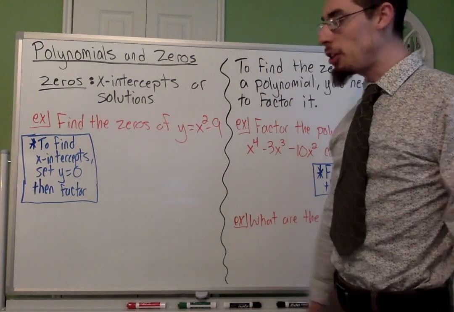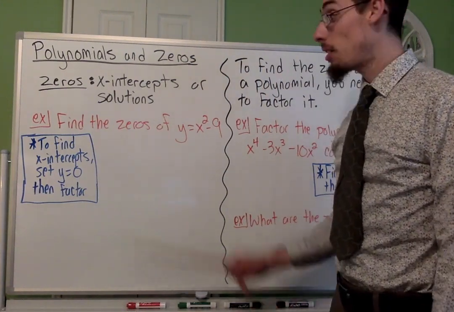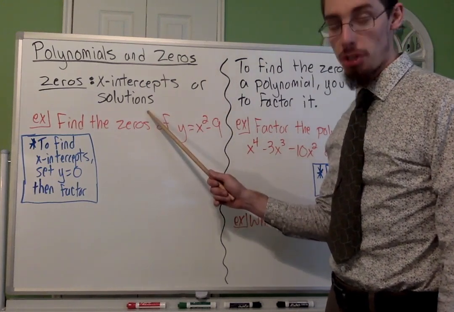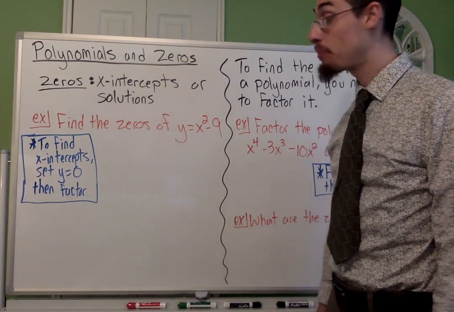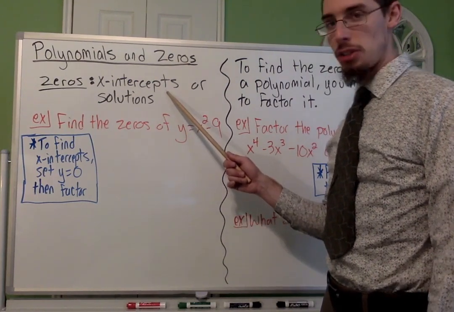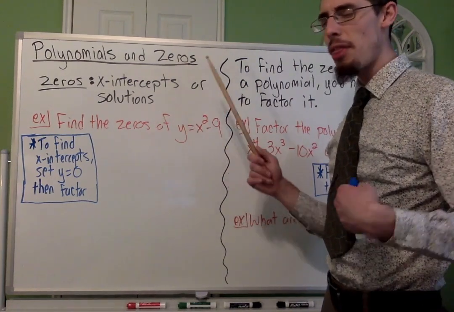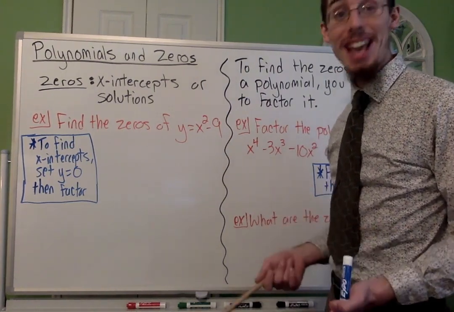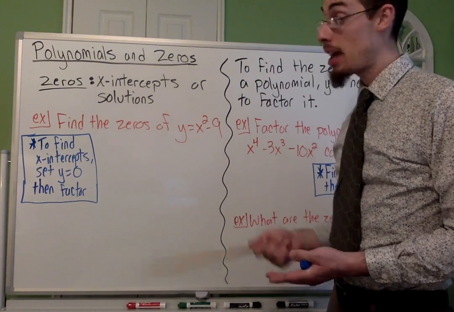So, zeros basically are x-intercepts or solutions to a problem. So think about x-intercepts, right? That's going to be where the function crosses the x-axis.